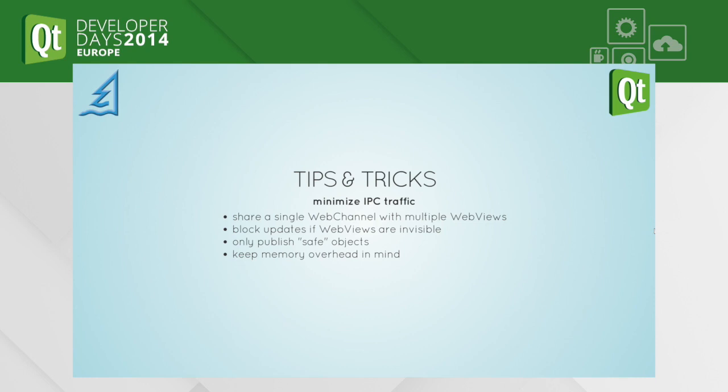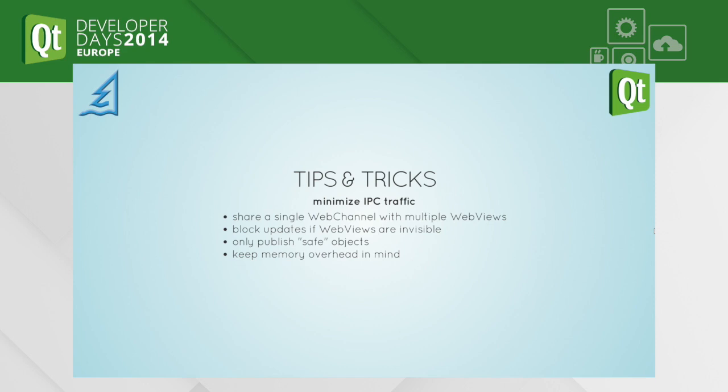And if you then, for example, hide the web view, there is a property on the web channel which you can use to tell it, okay, please don't do anything anymore. That's very helpful, again, to not send anything. And once the web view becomes visible again, you can unblock the updates and everything gets sent in one go, and you didn't waste any CPU cycles and power while nothing could ever be visible to the user.